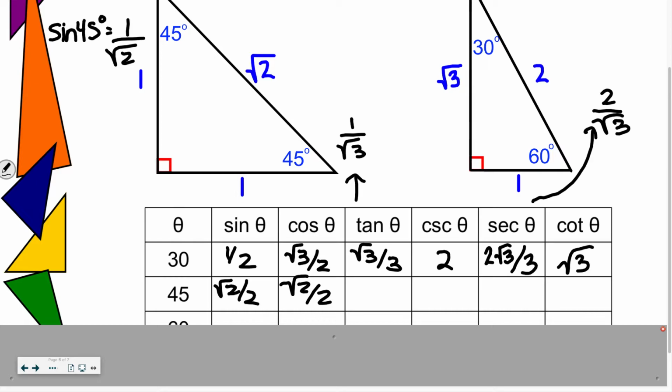Your tangent is opposite over adjacent. That's 1 over 1 or 1. If you were to do the cosecant of 45 degrees, you'd just be flipping this 1 over square root 2, hypotenuse over opposite. So it's just the square root of 2 over 1. I'm going to get square root 2, square root 2, and 1.